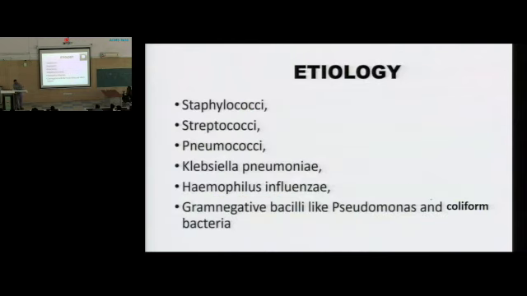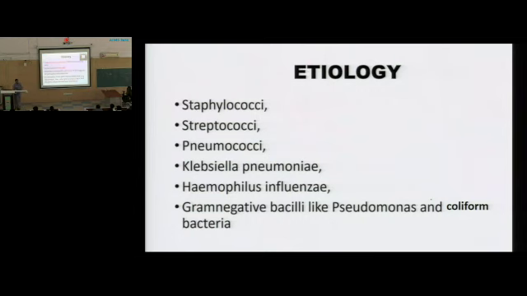In lobar pneumonia, we have seen Streptococcus pneumoniae is the commonest organism. While in bronchopneumonia or lobular pneumonia, it can be any organism: Staphylococcus, Streptococcus, Pneumococci, Klebsiella, Haemophilus influenzae and gram-negative bacilli like Pseudomonas and coliform bacteria. There can be a combination of these bacteria also in lobular pneumonia.